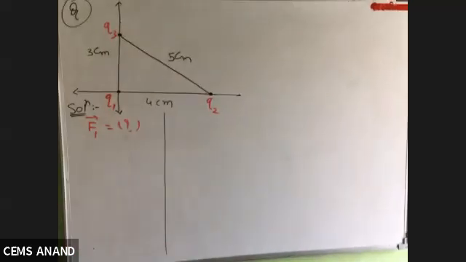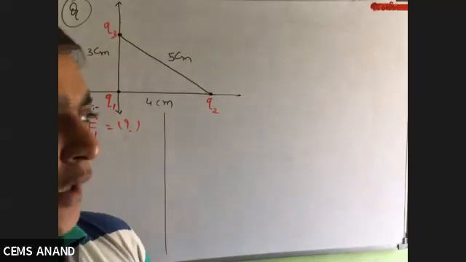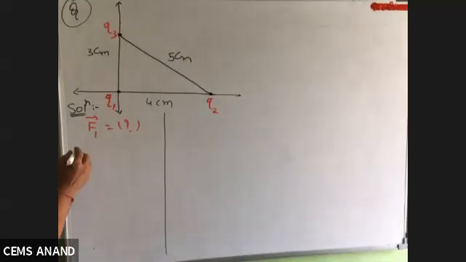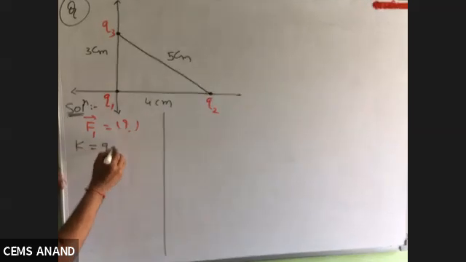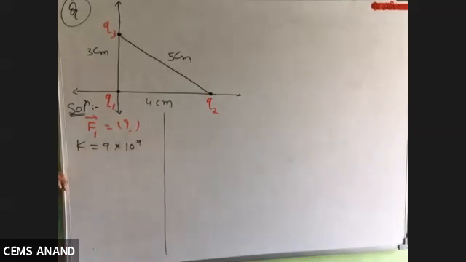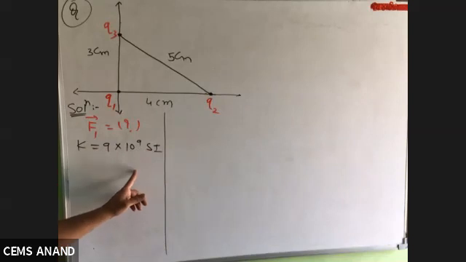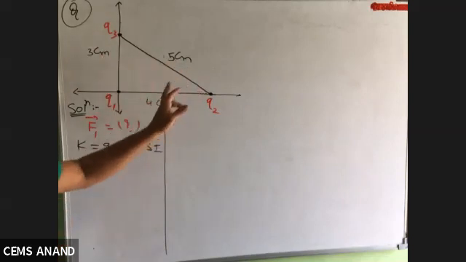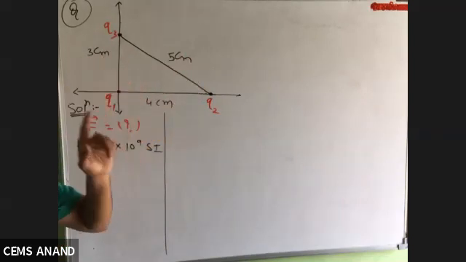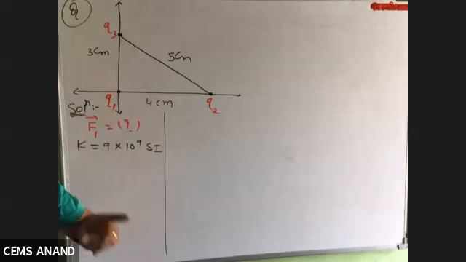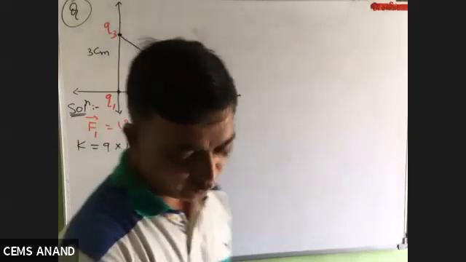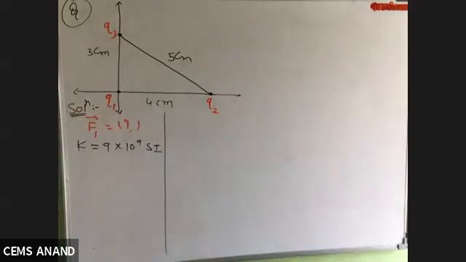In this question, we have not given the value of k, but now I hope every one of us knows that its value is 9 into 10 raised to 9 SI. And mind well, as we are going to take this value in SI form, this value of R must be converted in SI before their use.